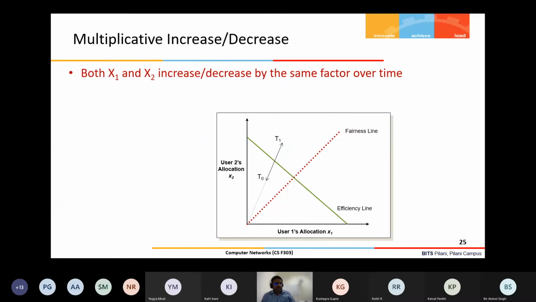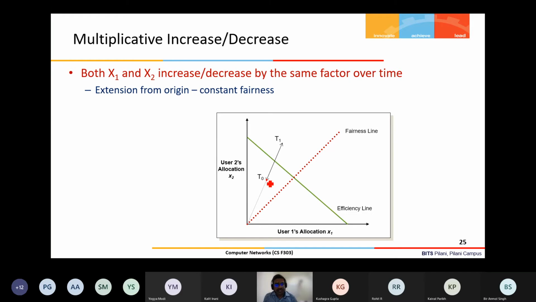Okay. Now we'll see how multiplicative increase decrease is going to be plotted on this two-phase graph. So multiplicative increase decrease with the same factor over time, let us say the factor is 0.5, which is used in TCP, or maybe in some other protocol it can be different, right? So this line is represented by extension from origin.